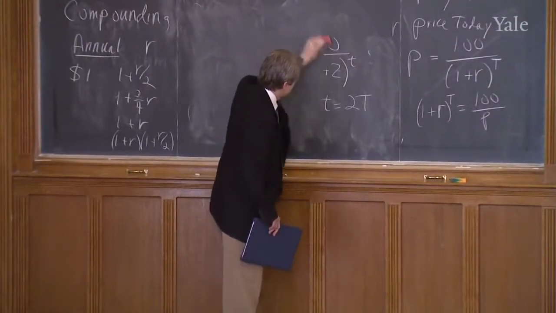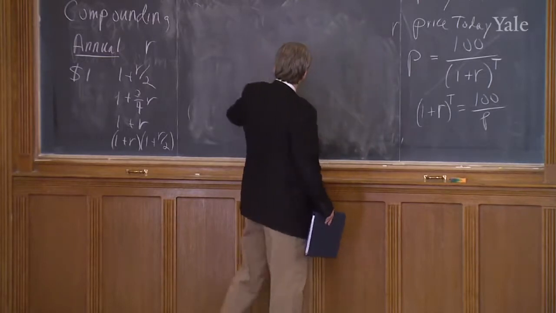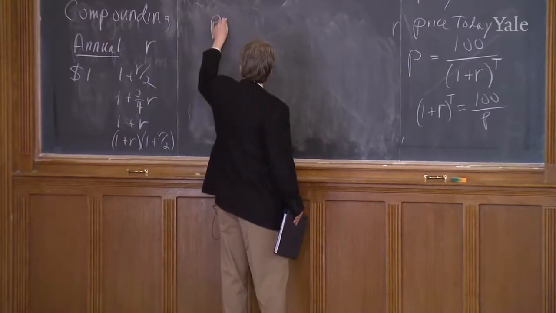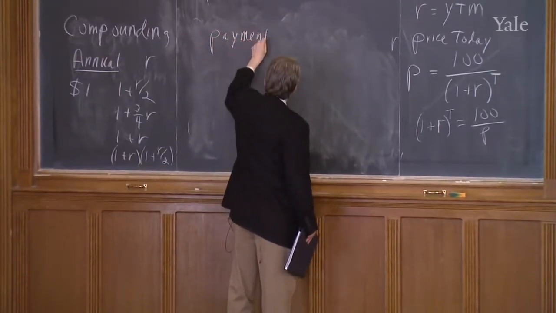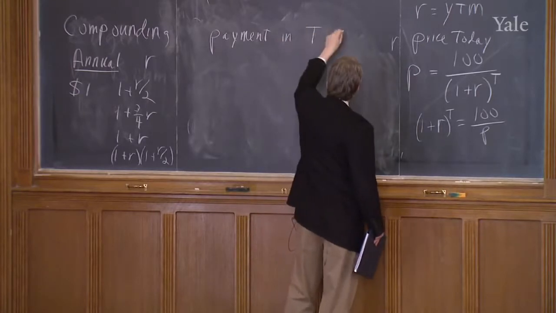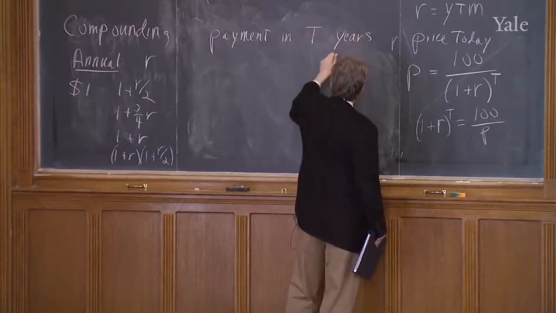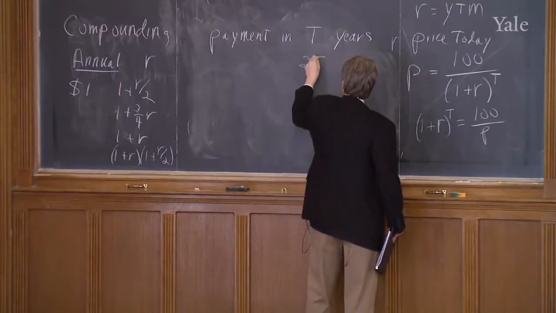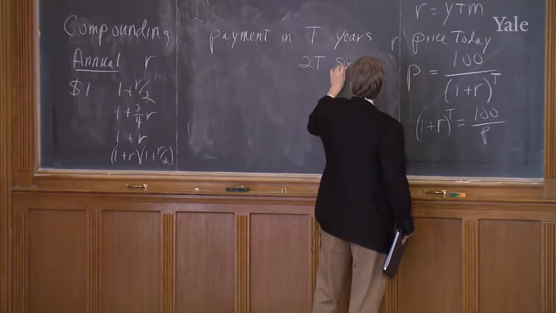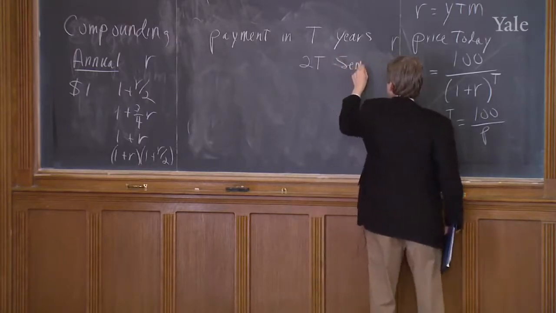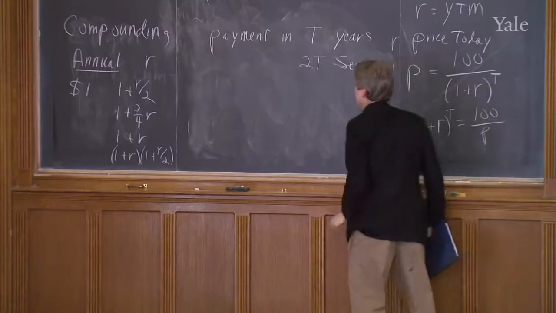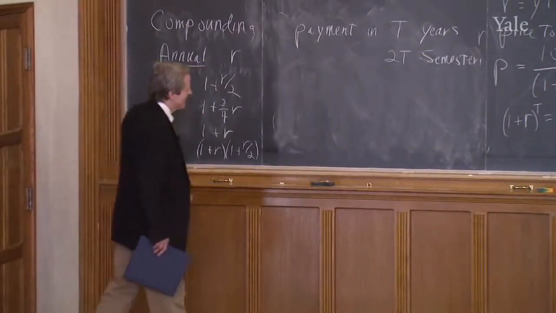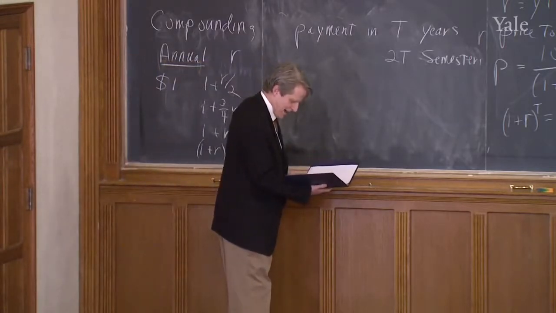If you have a payment coming in the future, so I have a payment in T years, or 2T 6 months, we could say semesters, then the present value, depending on how I compound, well, let's talk about annual compounding.